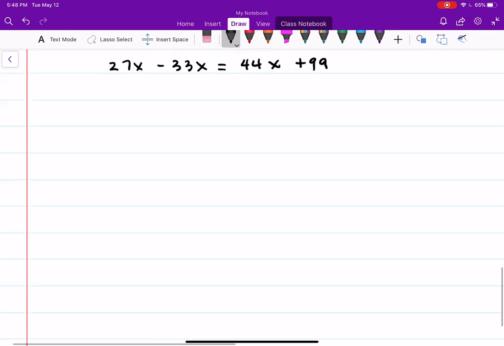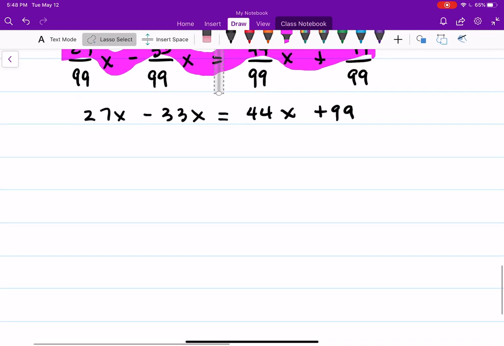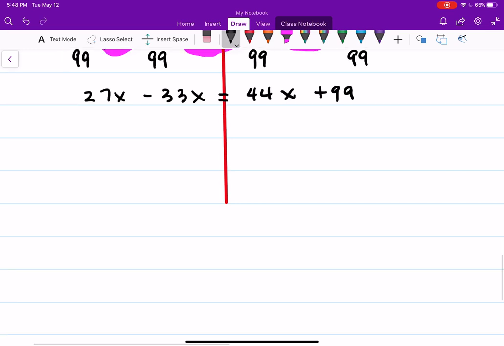Now I can follow these rules all the way up here. So no parentheses, so I need to combine like terms on each side. So I gotta bring this down further. I gotta combine like terms here. So what is 27 minus 33? I get a negative 6x is equal to 44x plus 99, okay?